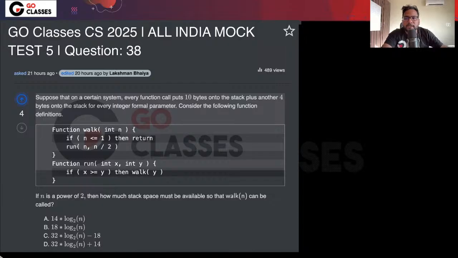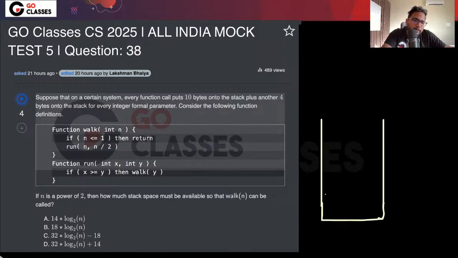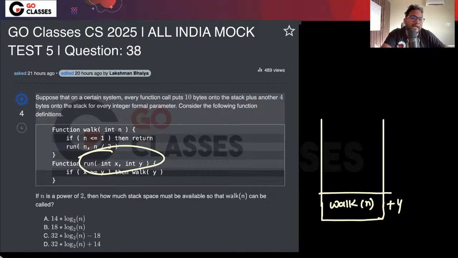So let's just try to understand what they're saying. They're saying that you are calling walk n, right? Whenever you're calling walk n, every walk will take extra 4, and every run will take extra 8. Now this will be calling run with n by 2.